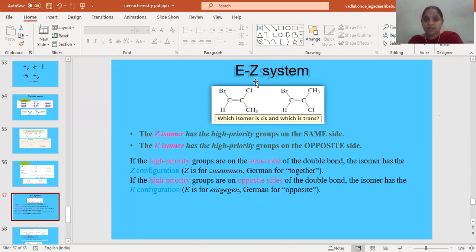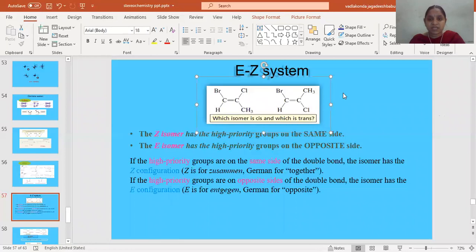So we have to apply the EZ nomenclature. For giving the EZ nomenclature, like how we gave priority for RS, here also we have to give priority to the groups in the same way: the atom or group with the highest atomic number will be given the highest priority.